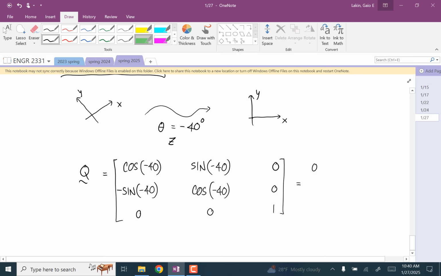And so that is 0.766, negative 0.643, 0, positive 0.643, 0.766, 0, 0, 0, 1.